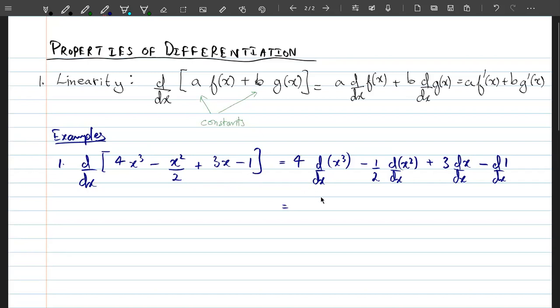So that 3x square multiplied by 4 is 12x square. Here x square derivative is 2x. There's a minus half here, so minus half times 2x, that's just minus x. Here you have dx by dx is of course 1, and this is 0 because it's derivative of 1, or derivative of any constant is 0.